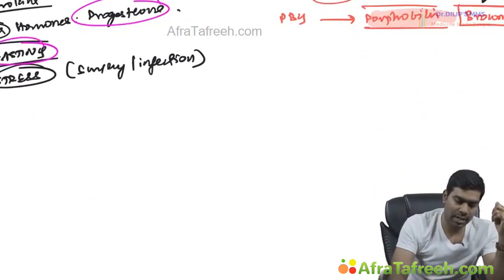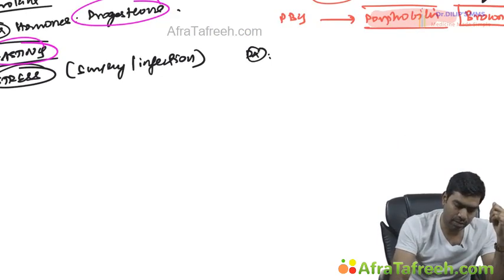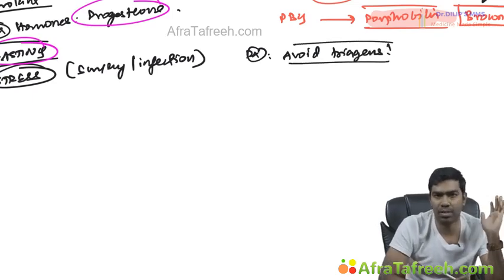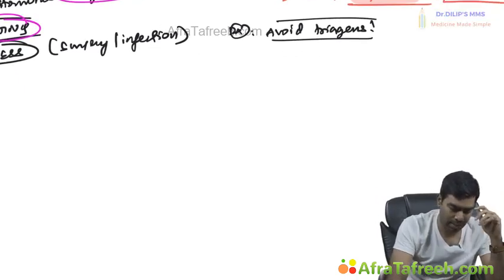If you ask me the treatment, how will you treat this AIP? Again, avoidance of triggers is the key. You have to avoid the triggers as much as possible, which is a very important key for avoiding these attacks. And second thing, you can give some treatment.